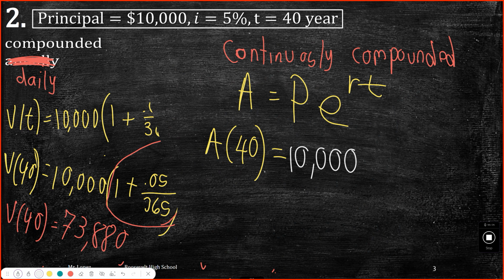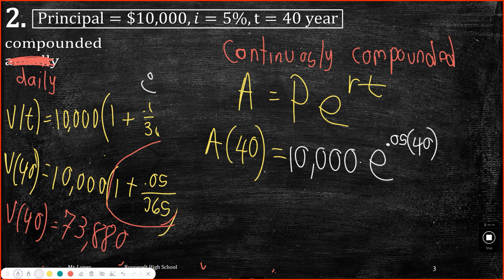It's a number I'll show you in a minute. E. R stands for the interest rate. In this one, I was interest rate, but I is also R for rate. So what do I plug in for R? 5% is what? 0.05. And then times about 40.